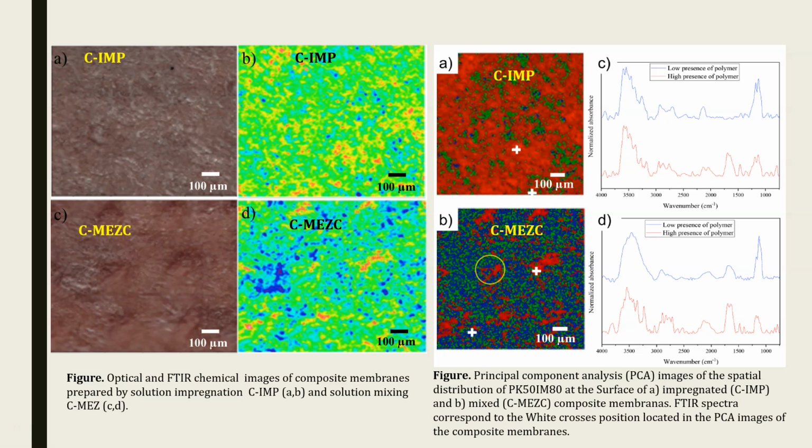This last indicates that the pK15 is in the deeper structure of the microfibrillated cellulose. Moreover, through this technique, it was possible to obtain infrared spectra from different areas, in this case areas marked with white crosses, indicating first the presence of cellulose and the presence of polyketone.